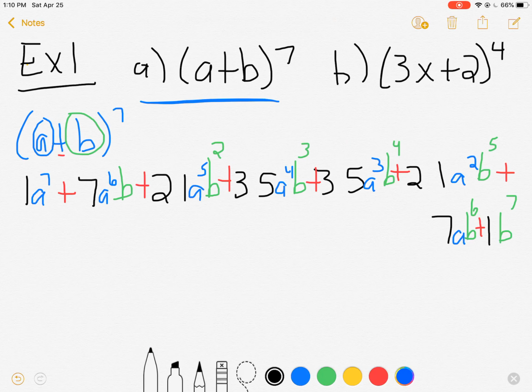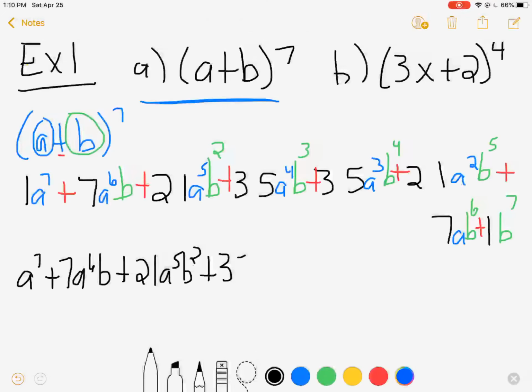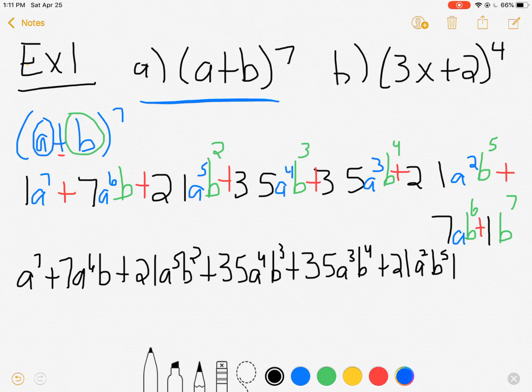So then my final answer: 1a to the 7th is just a to the 7th, plus 7a to the 6th b, plus 21a to the 5th b to the 2nd, plus 35a to the 4th b to the 3rd, plus 35a to the 3rd b to the 4th, plus 21a squared b to the 5th, plus 7a b to the 6th, plus b to the 7th.